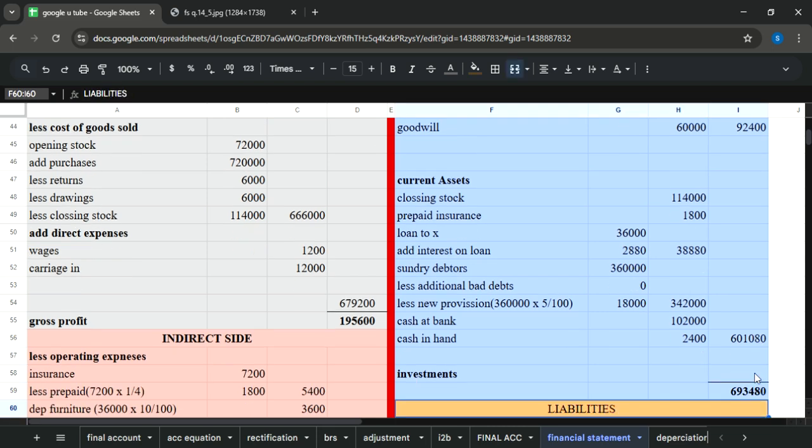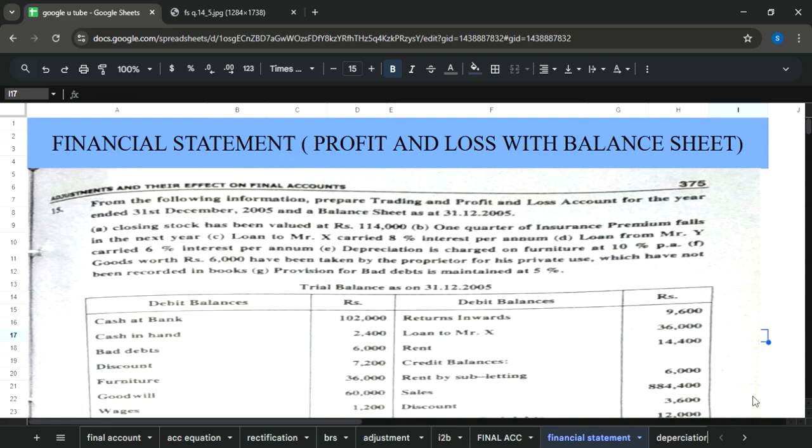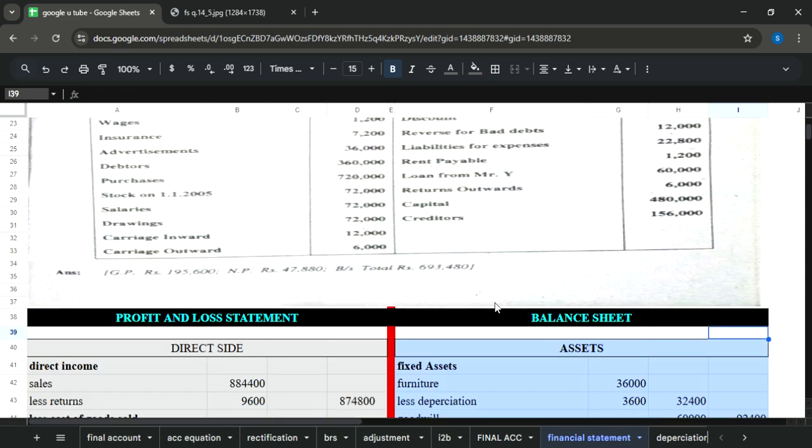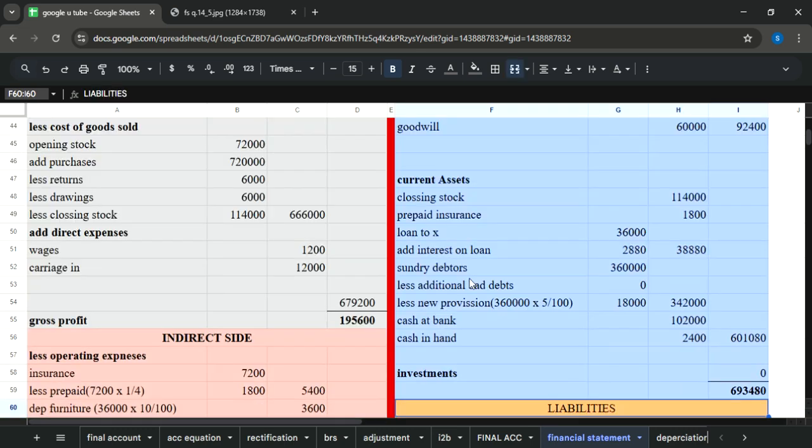Investments were not present in your question. As you can see, it is vacant, so you may write 0. So finally the sum has appeared, and that sum is 693,480. Let's check it out. 693,480.